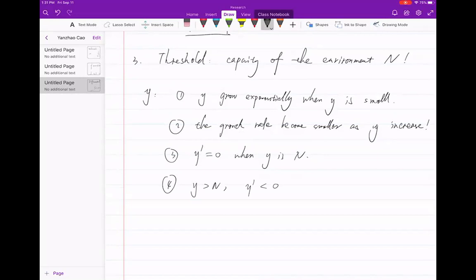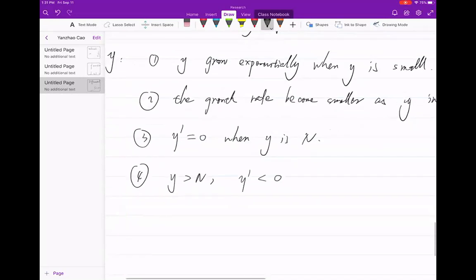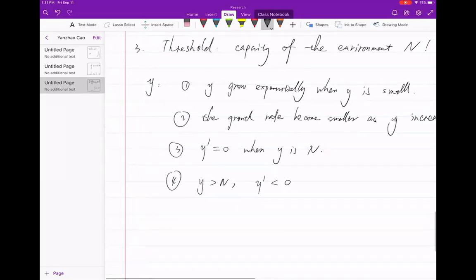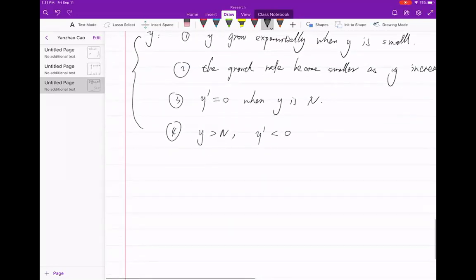Now I'm going to propose a model which satisfies these 4. I'm not saying it's the right model, but at least it captures all these features. That looks like y prime equals a growth rate times y times another number. What does this number do? This number does the following.